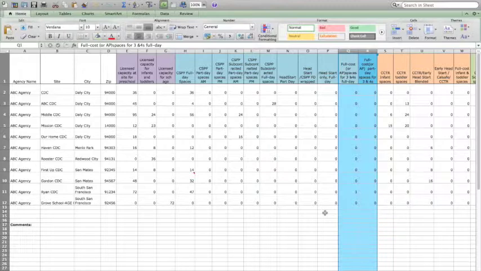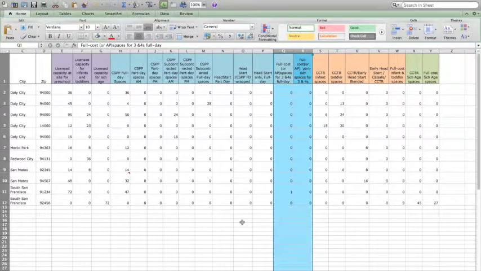I take that with a grain of salt because those often come and go. So that provides you with everything you need to know about that agency's preschool sites, pretty much where they're caring for whom.